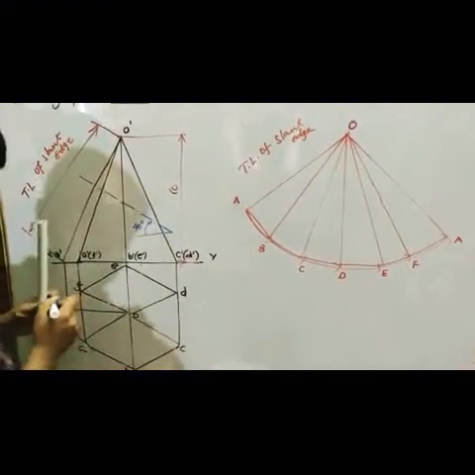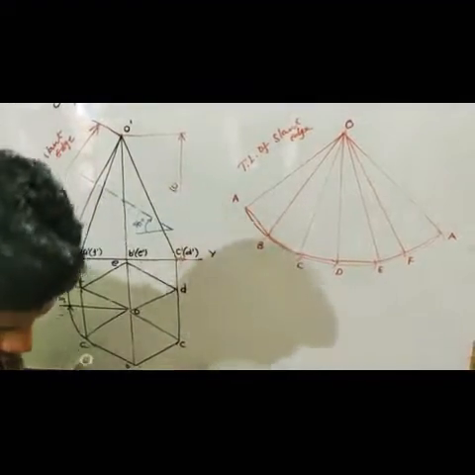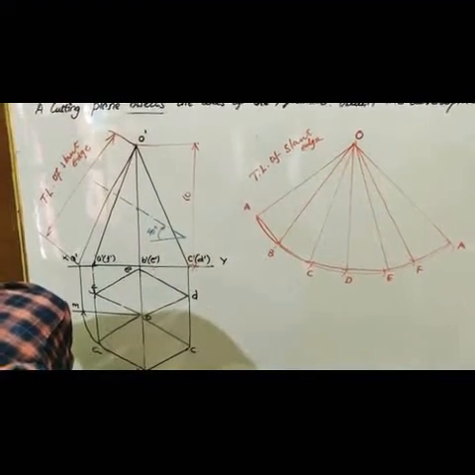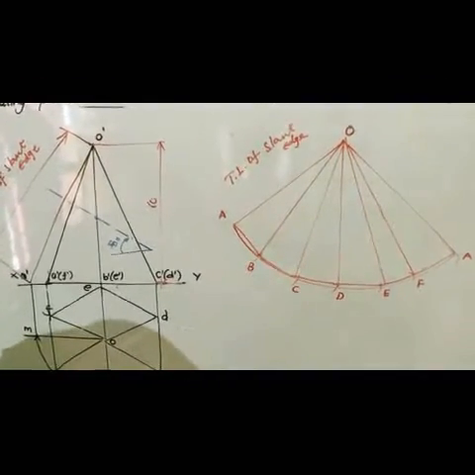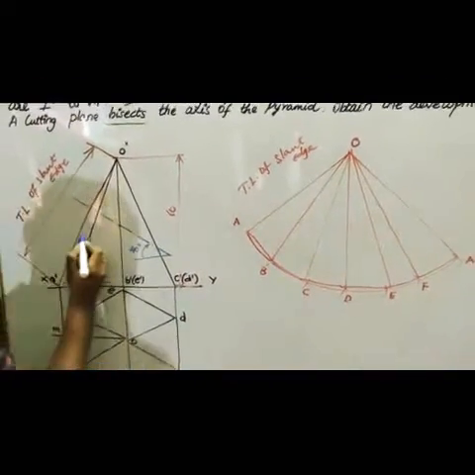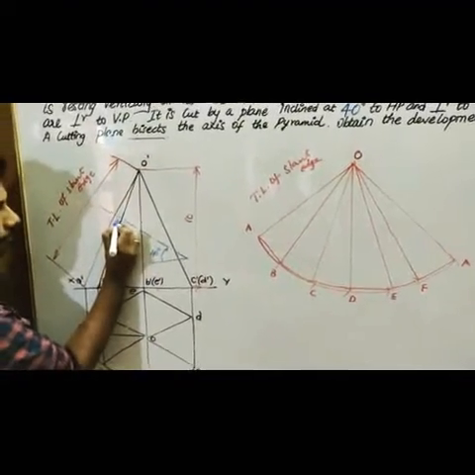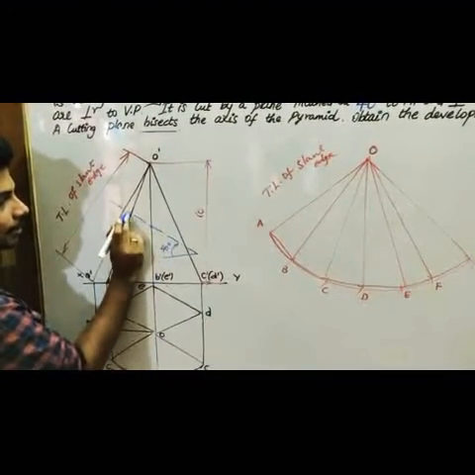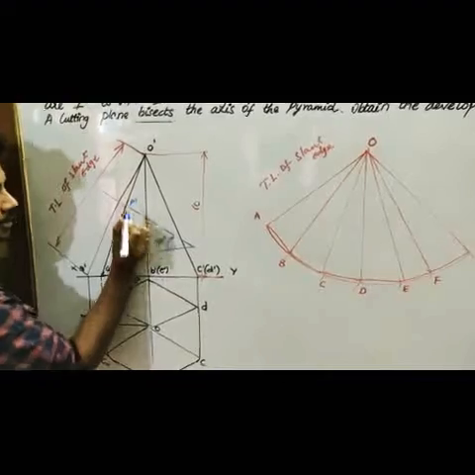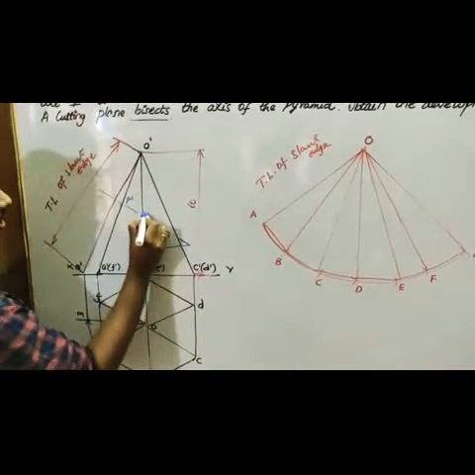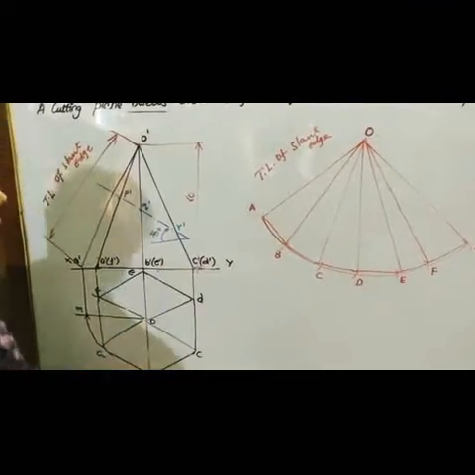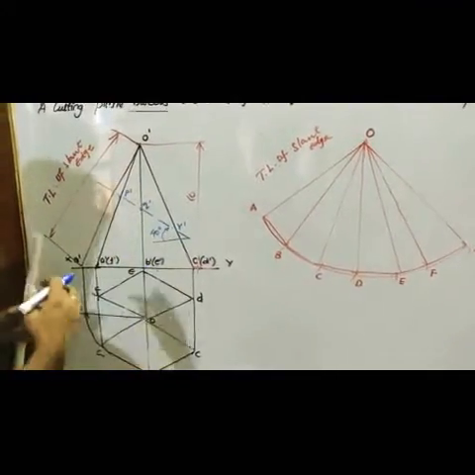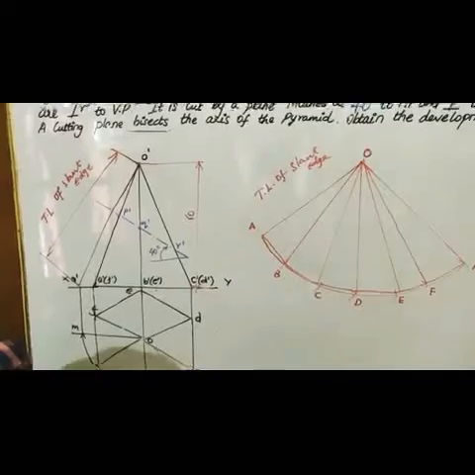So we have to mark the notations for the cutting plane now. I'm going to give names like this. This edge is your P dash, and this is your Q dash, R, right? These are all visible edges. On the other side you will have the hidden side.